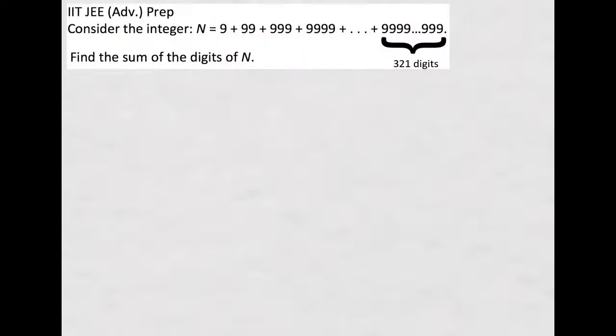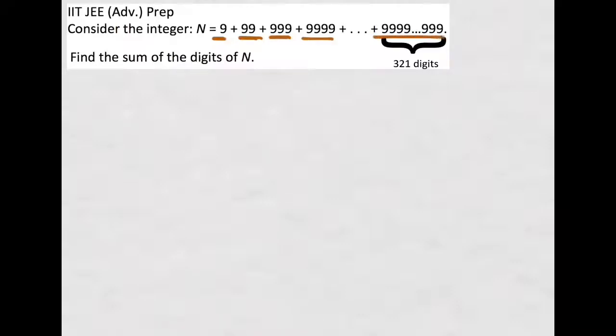Now, one thing you may have realized is that each number is 1 less than a power of 10. For instance, 9 is exactly 1 less than 10 to the power of 1. 99 is exactly 1 less than 10 to the power of 2. And so on.